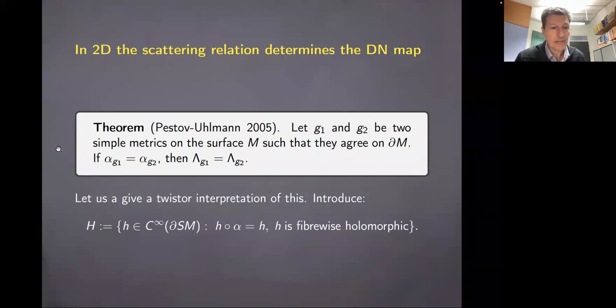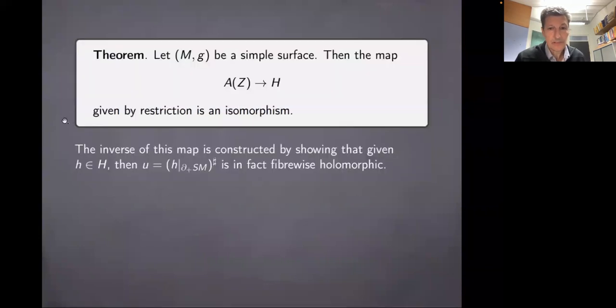So in some sense, the main insight of the Pestov-Uhlmann result is this surjectivity result, that if you have a simple surface and you take a holomorphic function in twistor space and you restrict it to the boundary, that's in fact an isomorphism. So basically at the boundary, you capture all the holomorphic functions in twistor space.